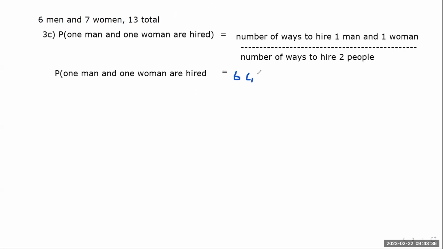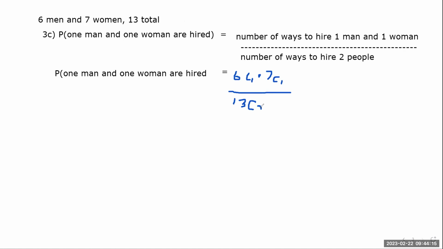So we're times. And from the women, we hire 1. 7 choose 1. Which we did before. And of course, the bottom remains 13 choose 2.